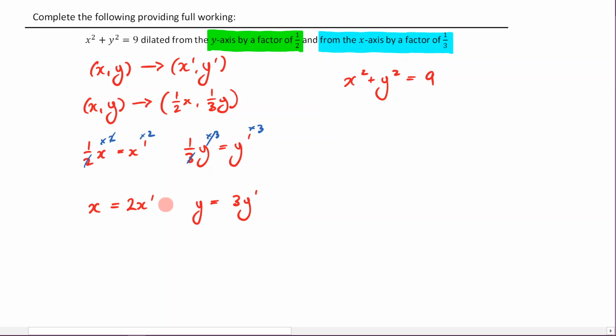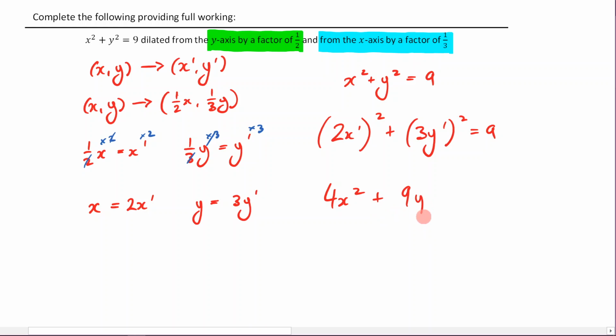And now we substitute in these values. So it's going to be 2x dash squared plus 3y dash squared equals 9. My answer is going to be 4x squared plus 9y squared equals 9. And as you can see there, I dropped the dashes as well. We don't need them. Perfect.